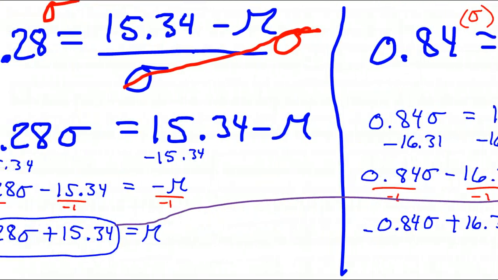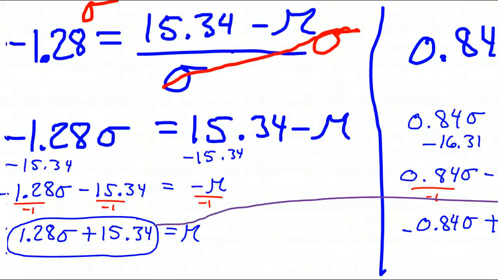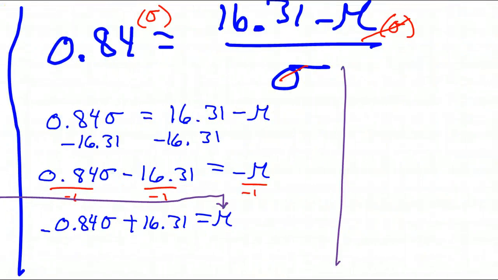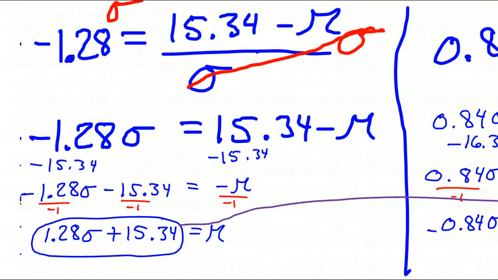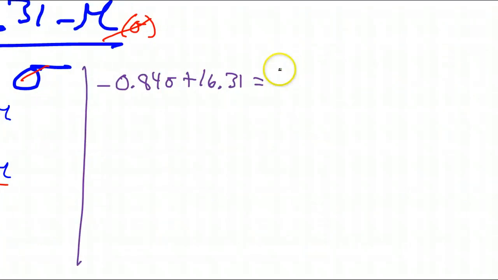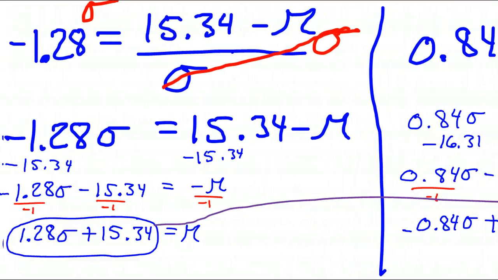So these are both equal to the mean. So I'm essentially going to wind up setting these equal to each other. So I'm going to have negative 0.84 standard deviations plus 16.31 equals this, 1.28 standard deviations plus 15.34.